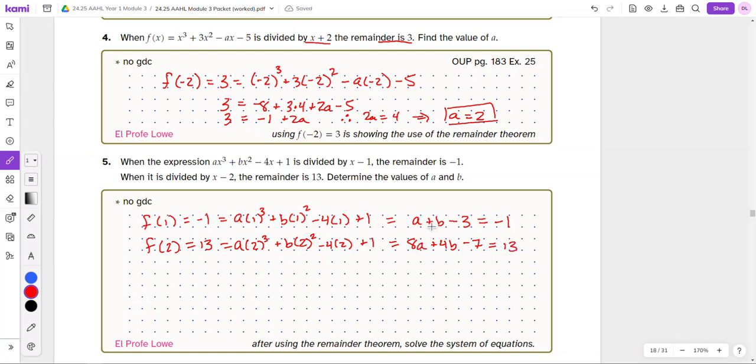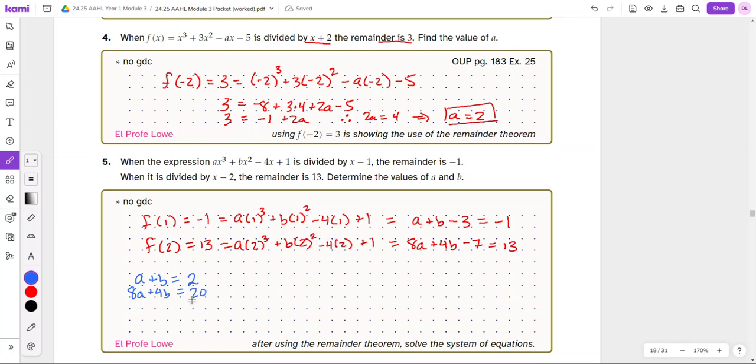So now I have a system of equations that I can solve. My system of equations being a plus b is equal to, if I add 3 to each side, 2. And 8a plus 4b, if I add 7, that's going to be 20.